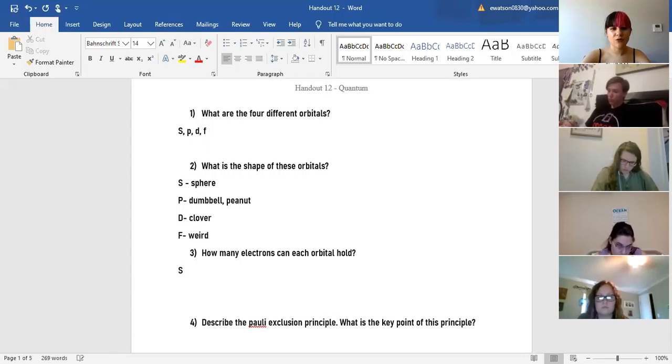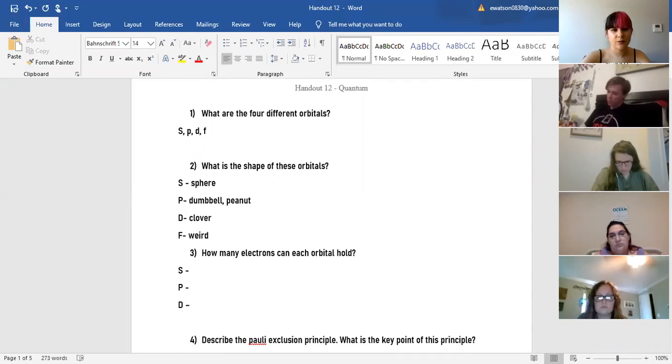Each can hold a certain number of electrons. How many electrons can the s orbital hold? 2. What about the p orbital? 6.